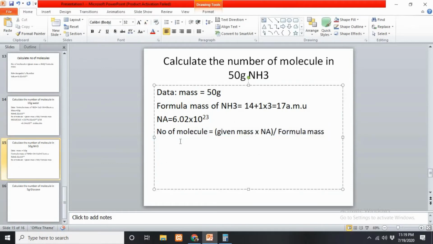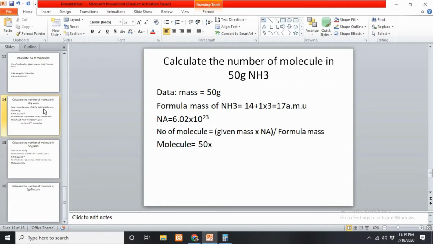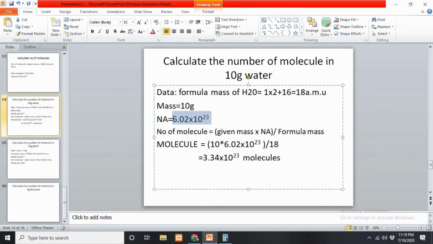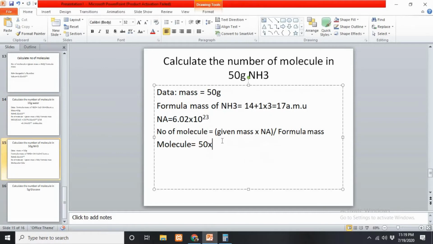The next thing is to substitute the values. So molecules is equal to given mass 50, multiplied by the Avogadro number 6.02 × 10^23. Just copy and paste it over here, and it will be divided by the formula mass, that is 17.